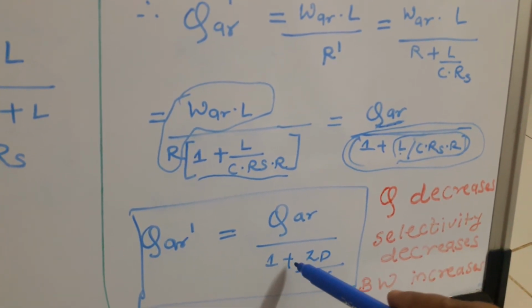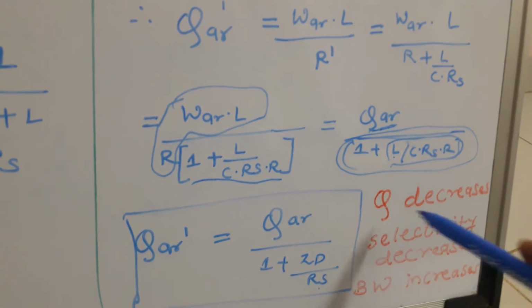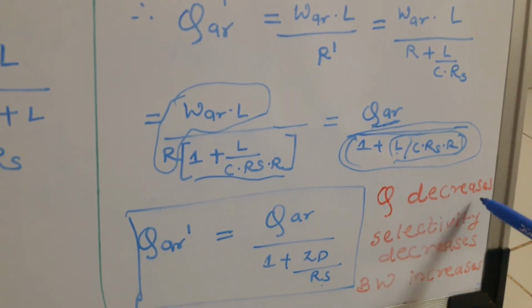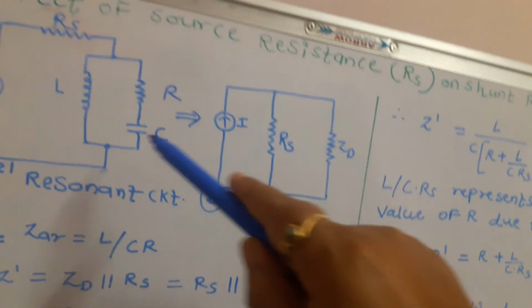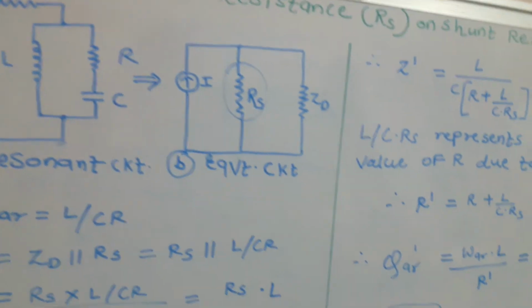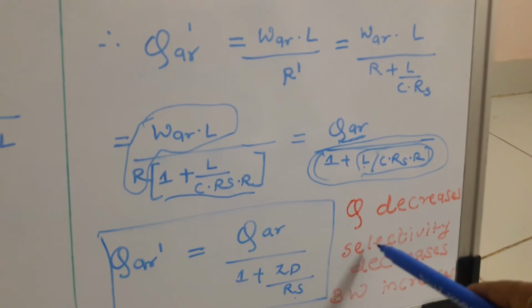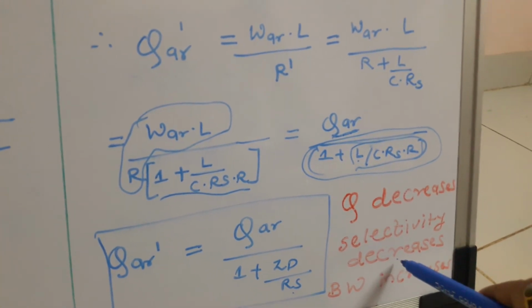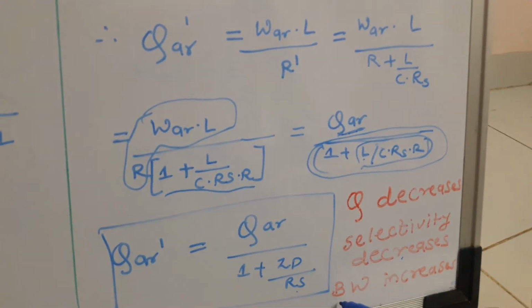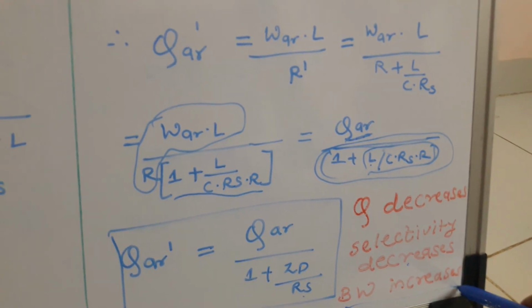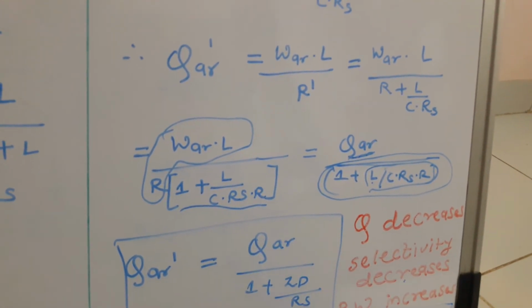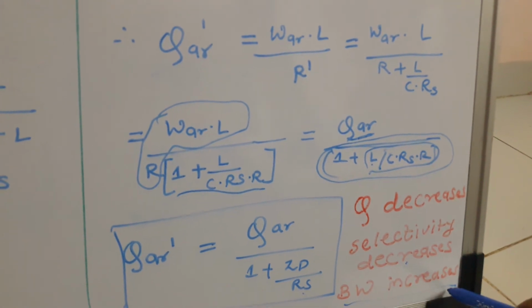So there will be a 50% reduction in the quality factor. We can come to the conclusion that quality factor decreases because of the inclusion of this Rs, and as quality factor decreases, selectivity also decreases. As selectivity is decreased, the bandwidth of the circuit will be increased. As quality factor is reduced by 50%, bandwidth will be doubled.